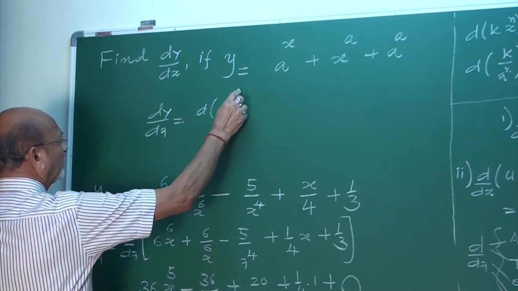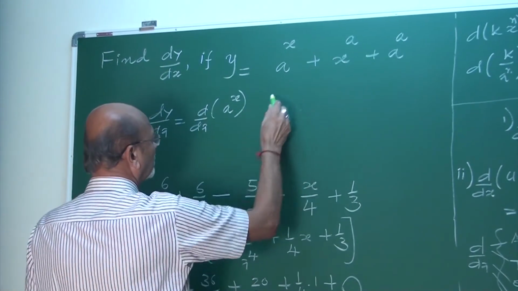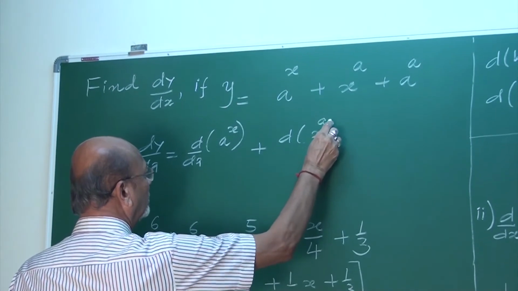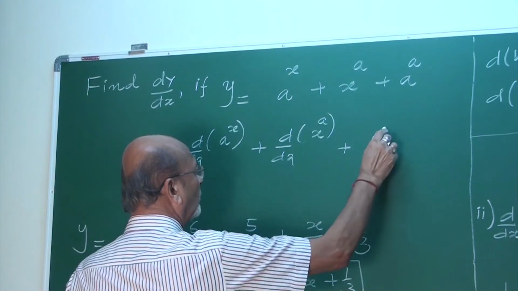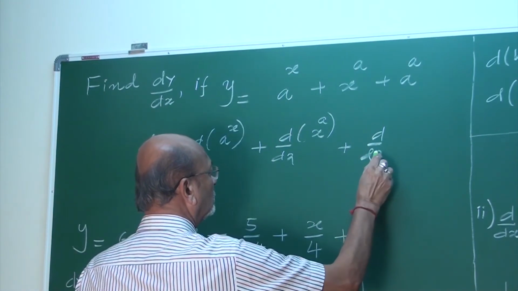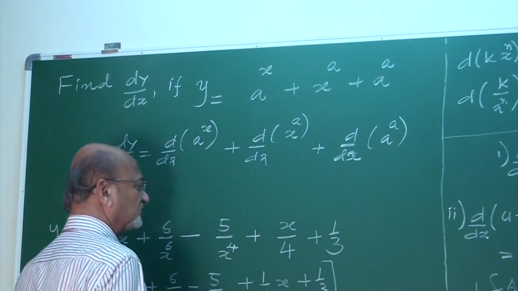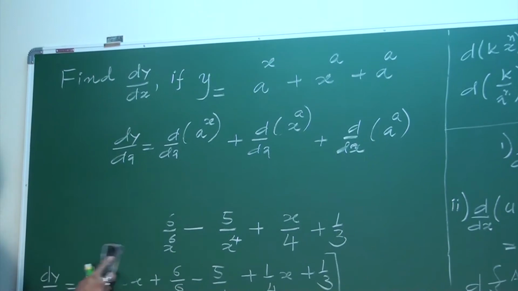I write one step more. Plus is plus. What is it? Derivative of x to the power a with respect to x plus derivative of a to the power a with respect to x. With respect to x. Yes, my friends.